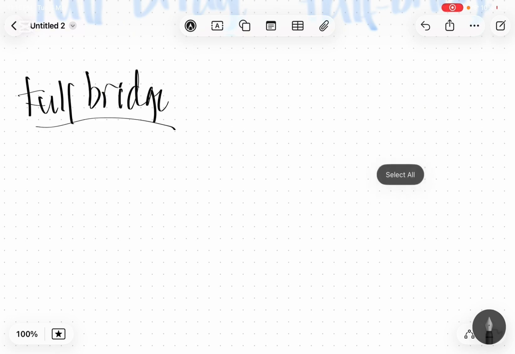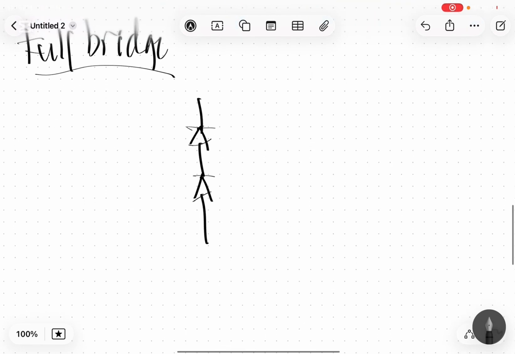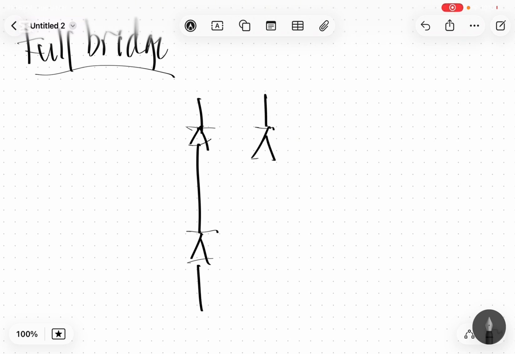So the circuit of the full bridge is like this one. Let me give some space. I always draw it like this because it's much easier to understand and see.